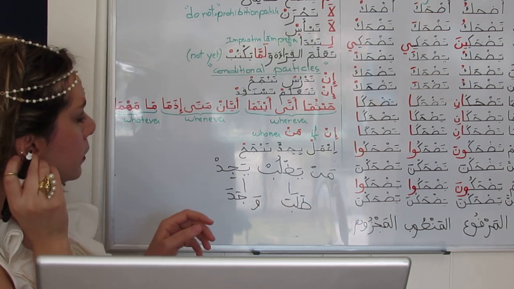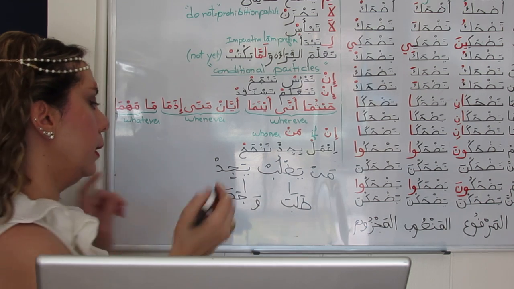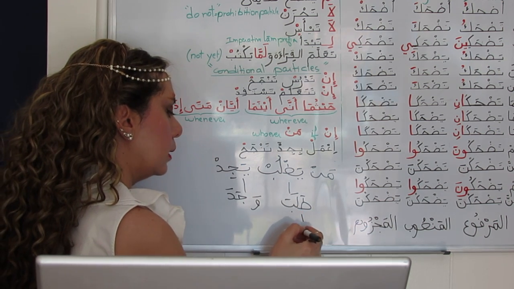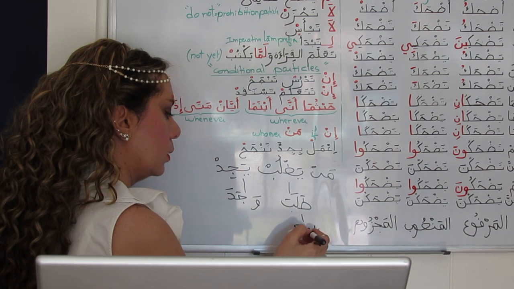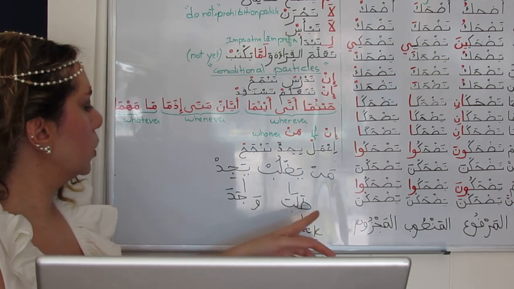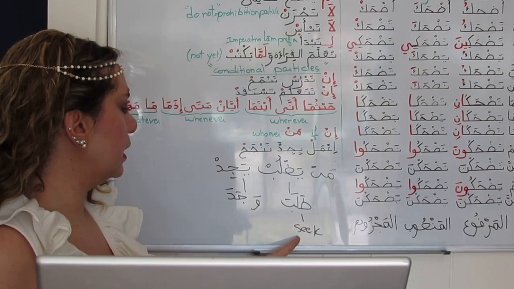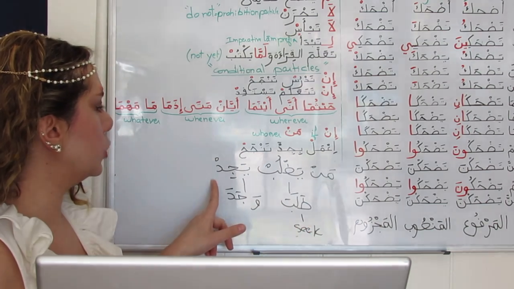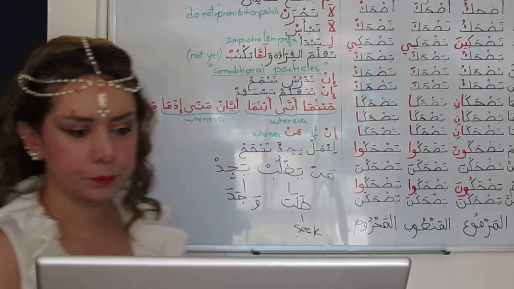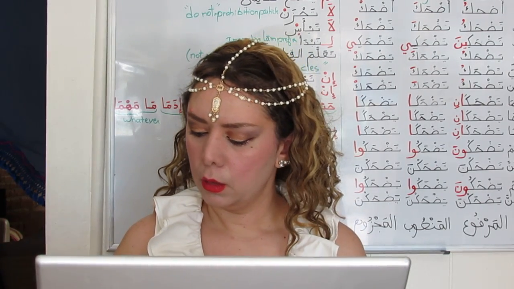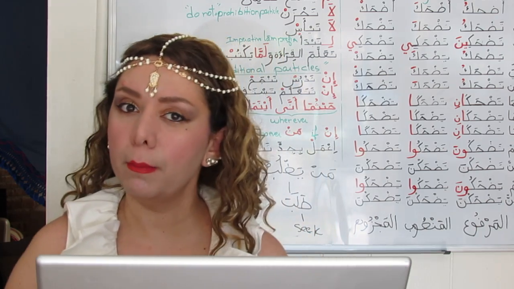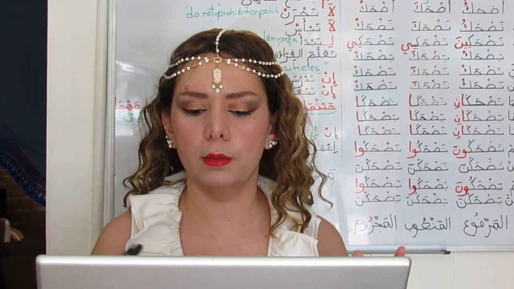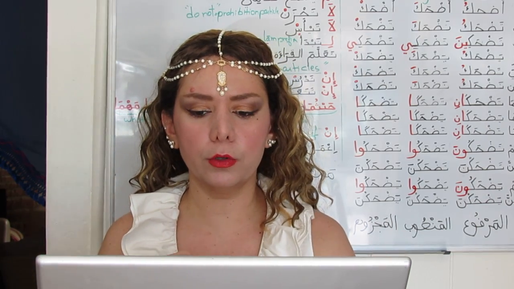So whoever, طلب, it may also mean to seek. So whoever seeks finds. من يطلب يجد. Okay? And remember, if any of these particles are before the verbs, then convert it to jussive form.